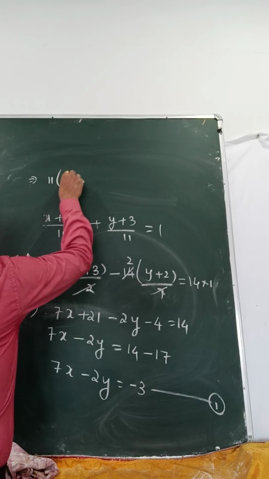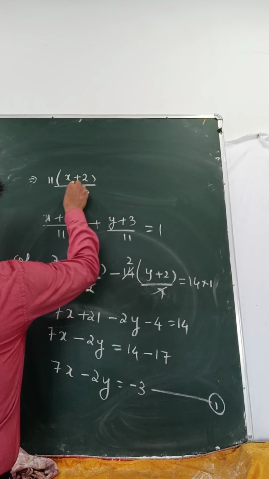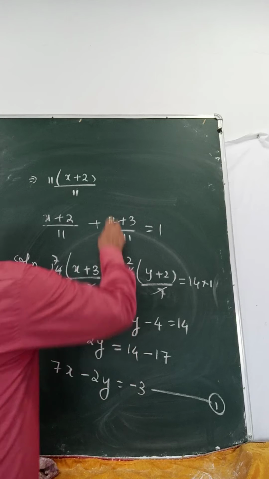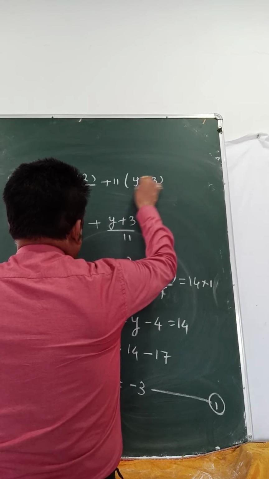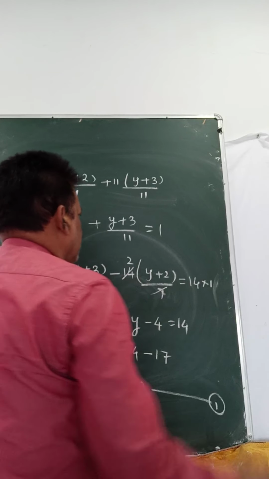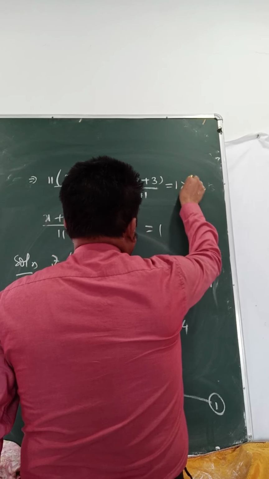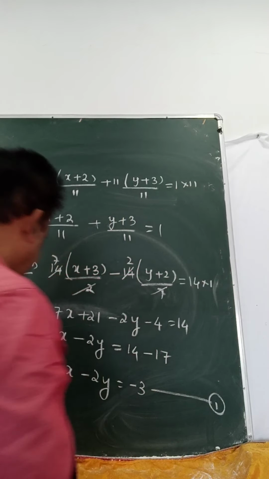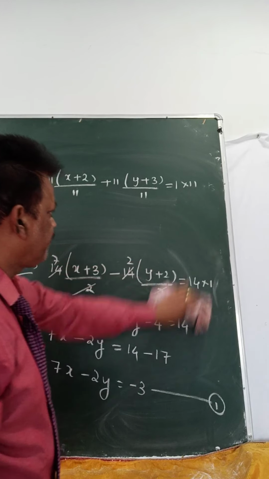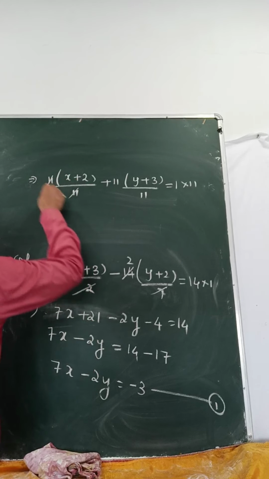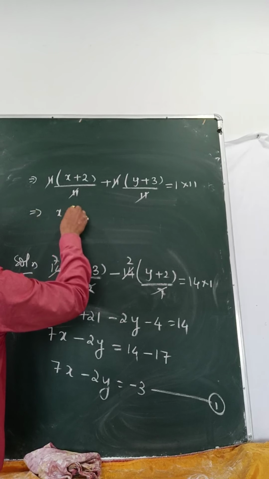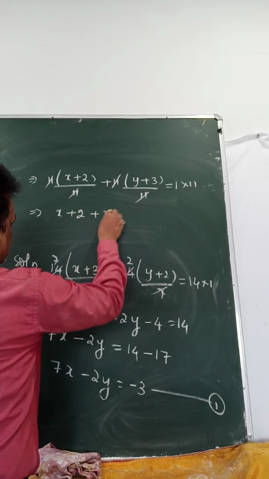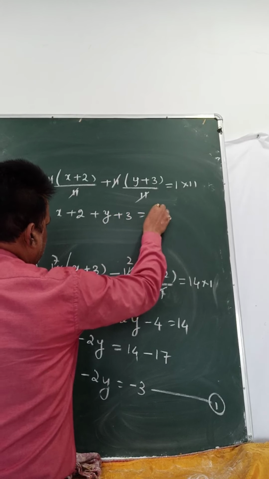11 into (x plus 2) by 11 plus 11 into (y plus 3) by 11 equals 1 into 11. So what did you get? So 11 cancelled. You are getting x plus 2 plus y plus 3 equals 11.